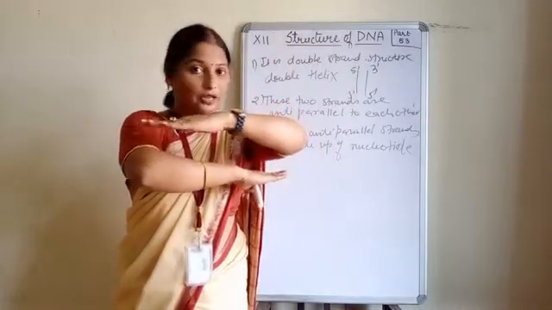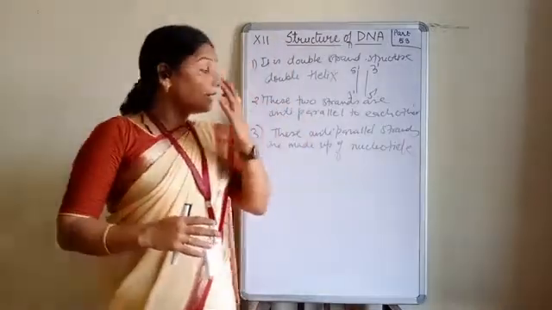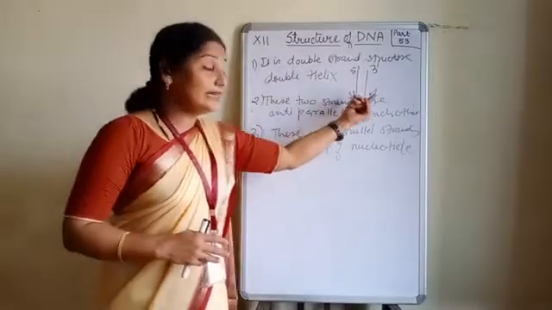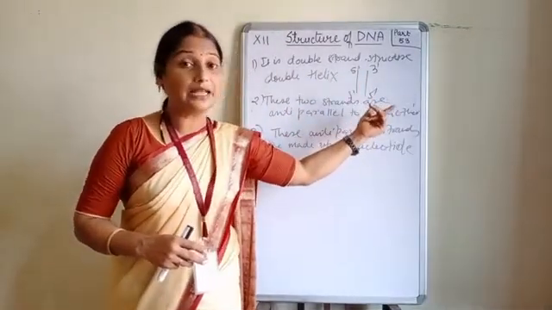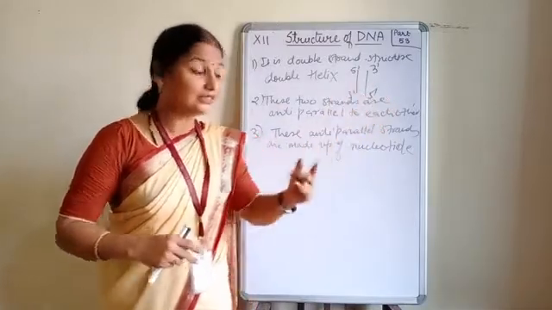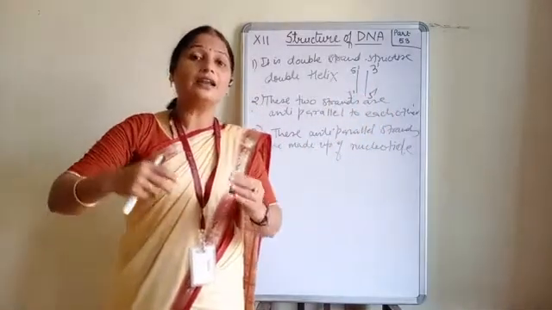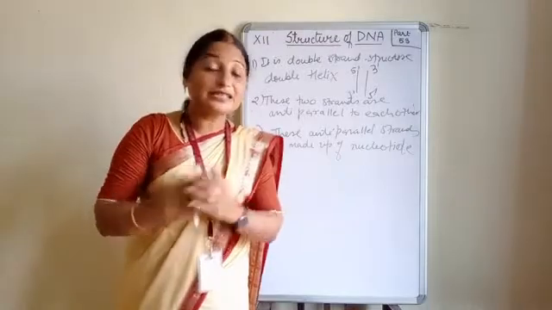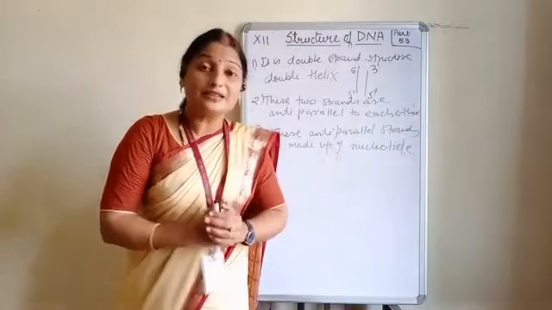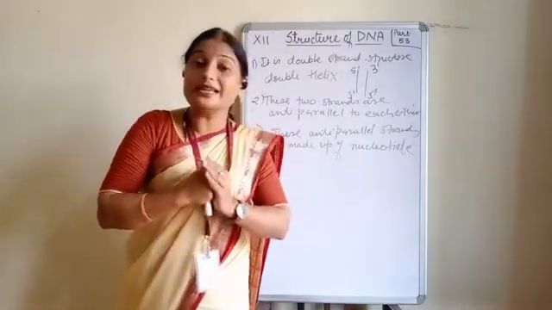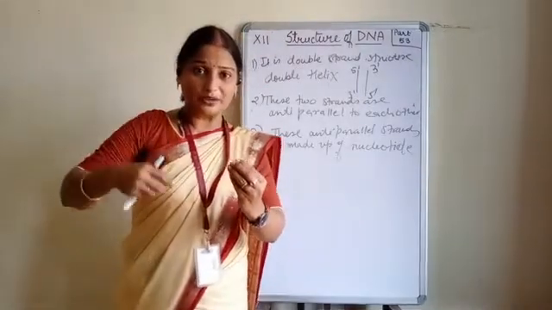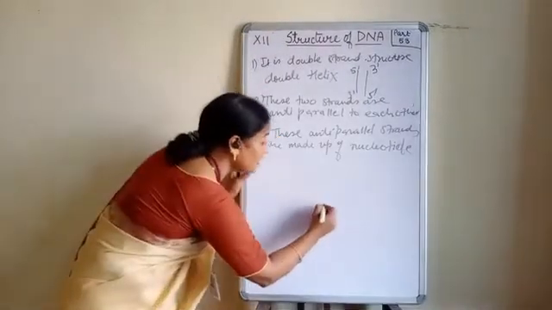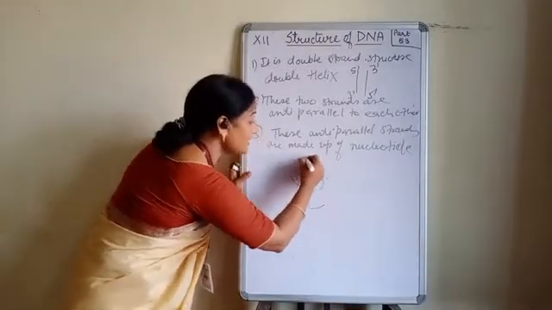This anti-parallel is also called the double helical structure. It means these are arranged in such a way that without crossing each other, they are coiled.